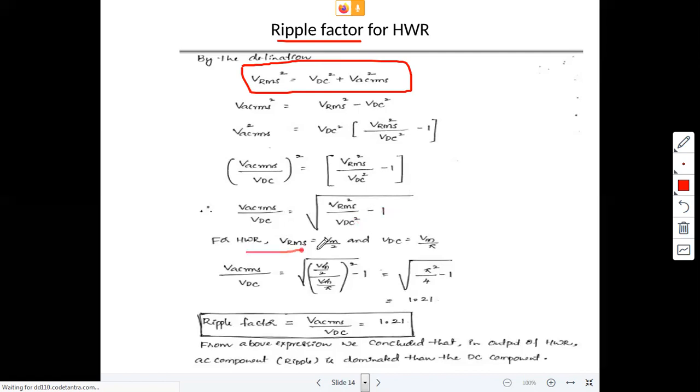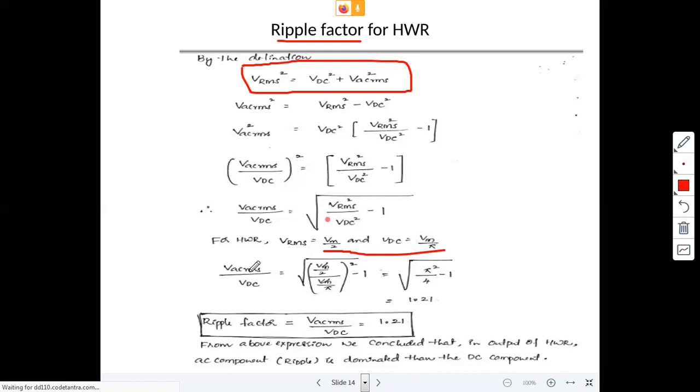For half-wave rectifier, already we calculated VRMS and VDC. VRMS is equal to Vm by 2. VDC is equal to Vm by pi. Then substitute these two expressions in the above.